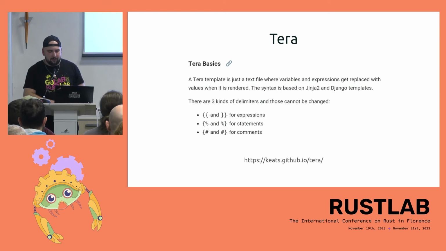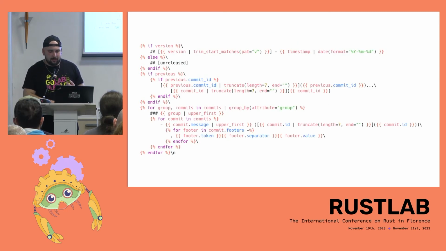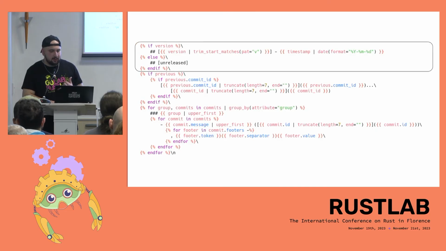Just to give you an example of what it looks like, this is one of the examples from the git-cliff repo. If you want to go through each section here, the first one is taking a version. There's a version in the context. It takes the version, checks if it exists. If it exists, it just puts it into a header in the Markdown file, and it takes the timestamp and formats it based on the date format.